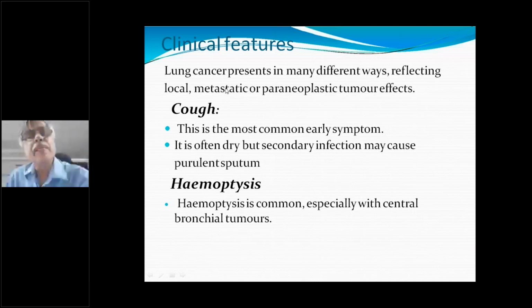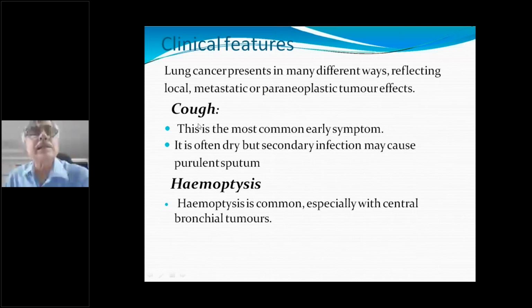So the symptoms may be due to metastasis, like if it is obstructing, then it may cause collapse, or sometimes it may cause cough or hemoptysis, because of both outgoing and incoming. And the third variety is paraneoplastic syndromes, I'll come to it a little later.